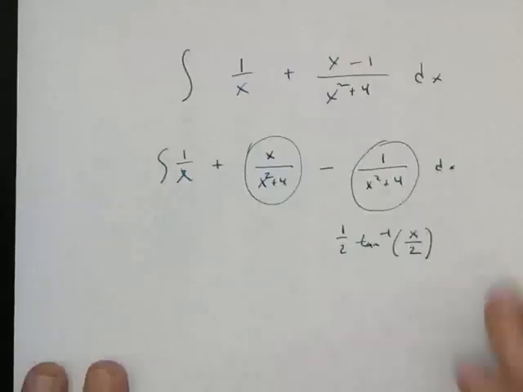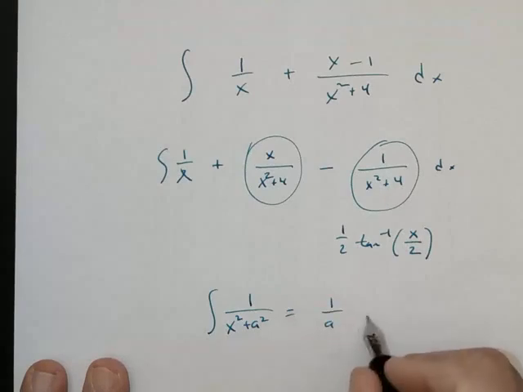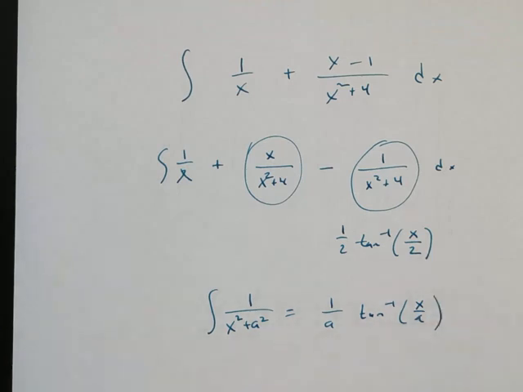That comes from our trig substitutions. But every time you see a quadratic factor in the bottom, you're probably going to see that inverse tangent show up. Put a star on that formula, write it down, we're going to use it a bunch.